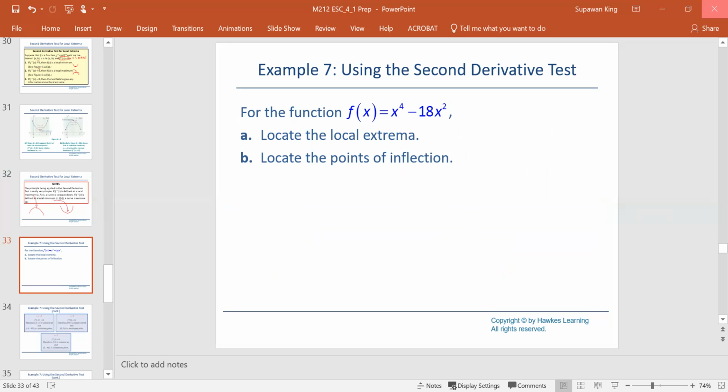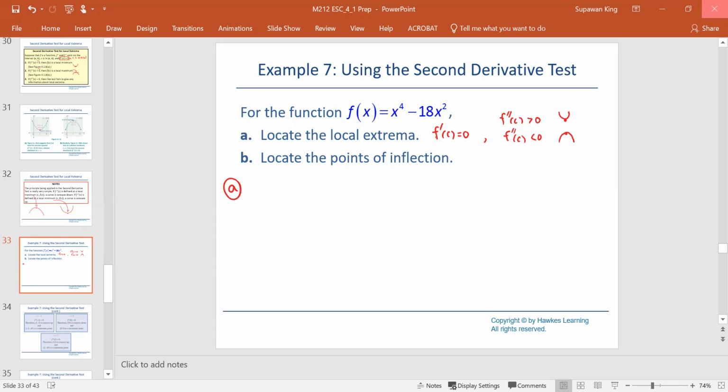We're going to find the critical value C, which is from f prime at C equals 0, and then check whether the second derivative at C is greater than 0 or less than 0. If greater than 0, recall the graph is concave up and C will be the local min. If f double prime is less than 0, the graph is concave down. The C will give you the local maximum.